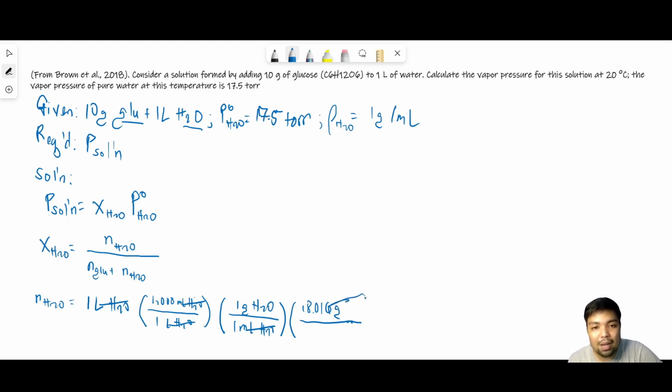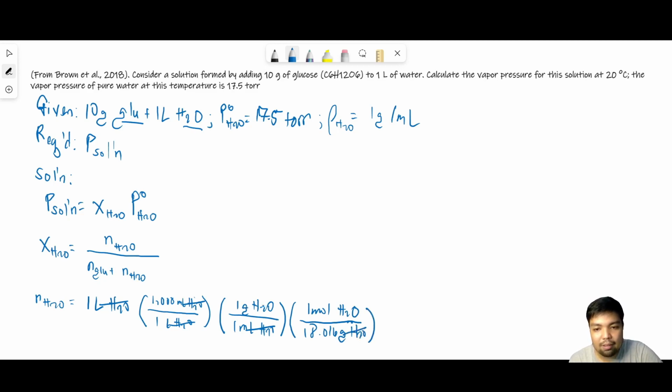Since what we are looking for is the moles of water, 1 mole of water should be in the numerator of our conversion factor over 18.016 grams of water.